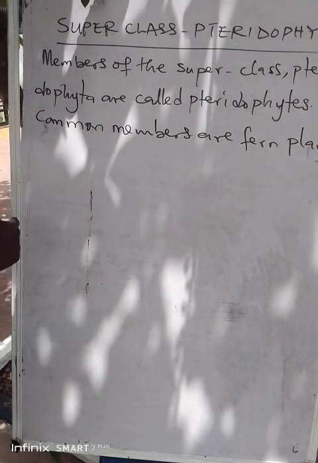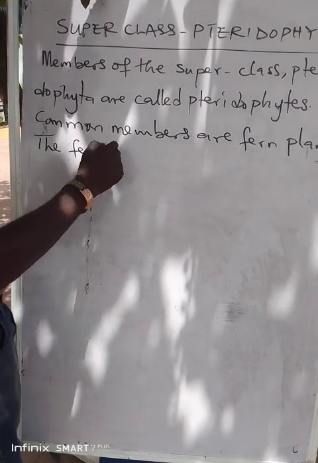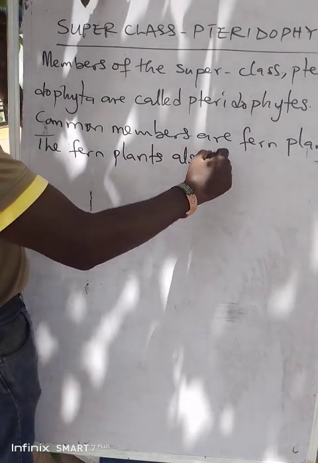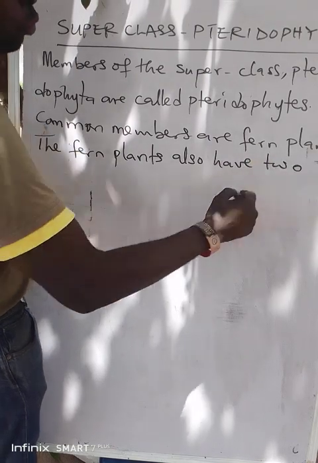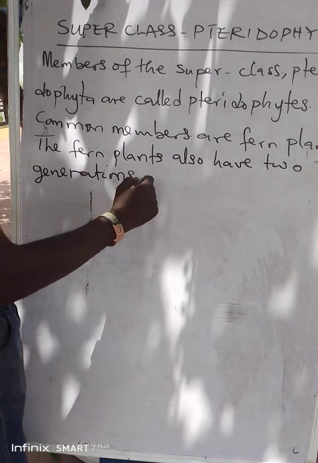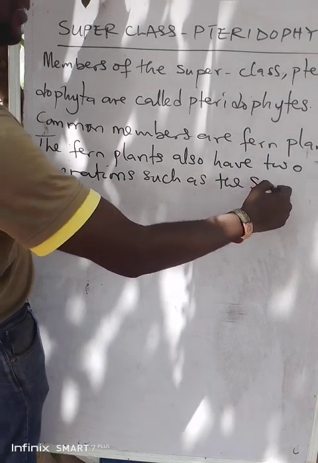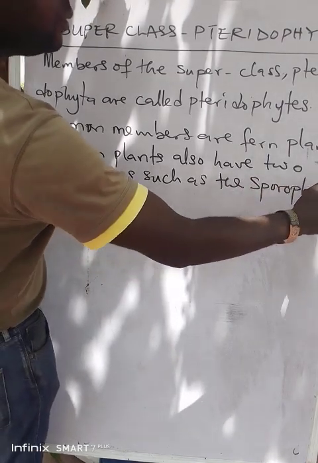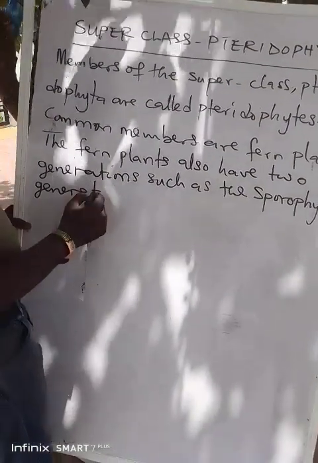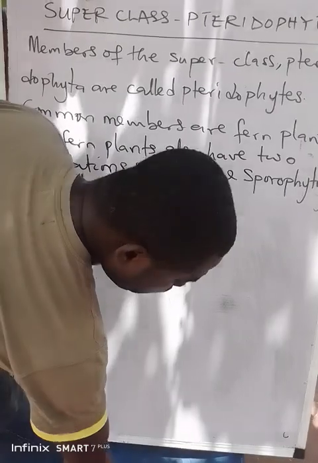So these fern plants also have 2 generations, such as the sporophytic generation, which is diploid.